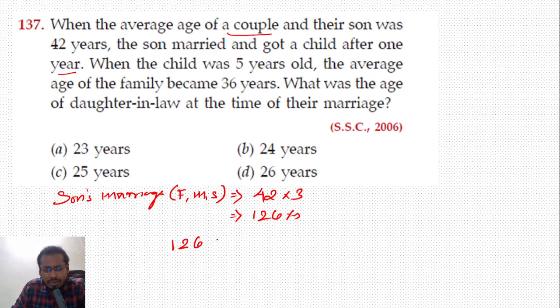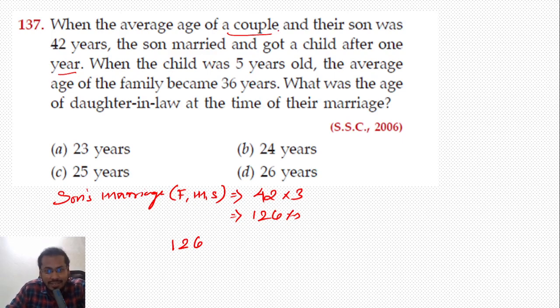Into 6 into 3, 18. So, okay, listen. 126, after 5 years old, when the child was 5 years old, the average age of the family. So still that 5-year-old, what will happen? See, there are 3 persons.